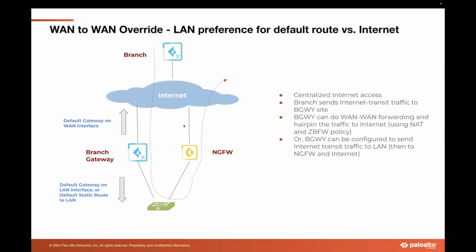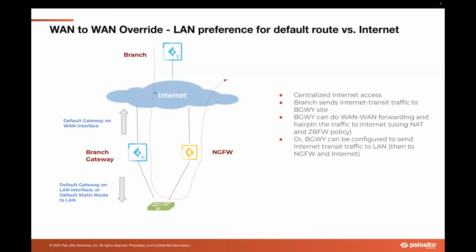Let's talk about a few configuration knobs that we have for certain scenarios. Let's talk about a scenario where you have centralized internet access through the branch gateway, for example. You want the branches to send traffic on the VPN tunnel to the branch gateway, and then send it out to the internet. Now you have two options here.